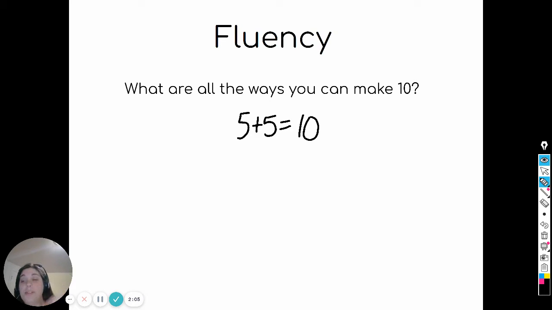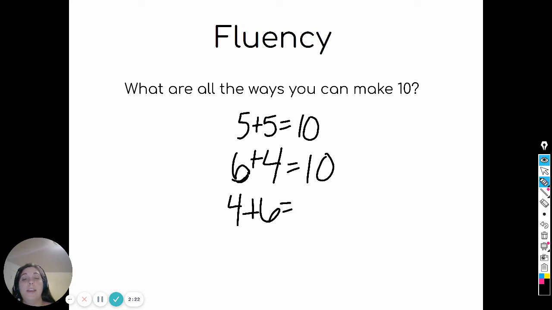Okay, so let's talk about some of the ways that you guys told me. 6 plus 4 equals 10. And then you might have even flipped it and said 4 plus 6 equals 10. 3 plus 7 equals 10.